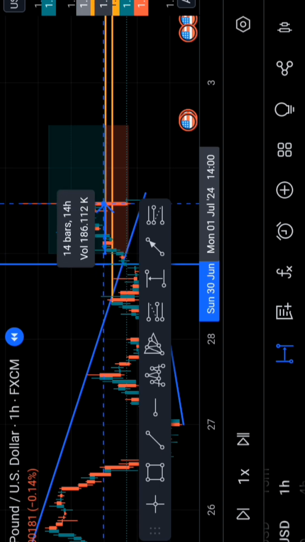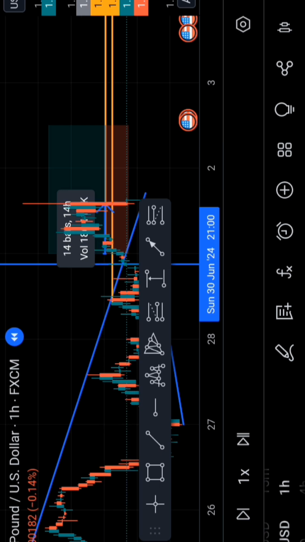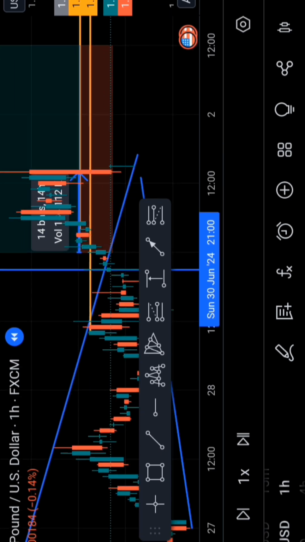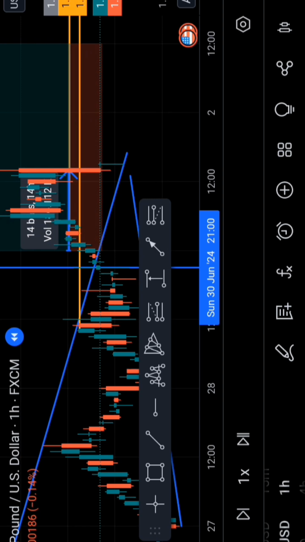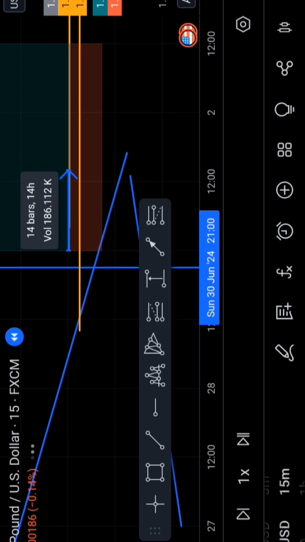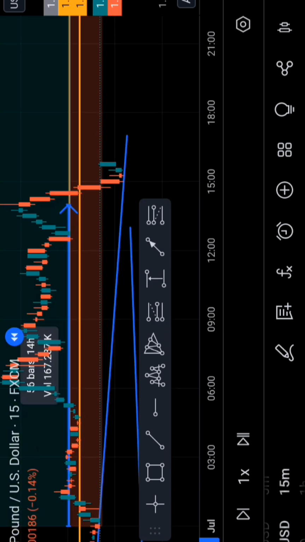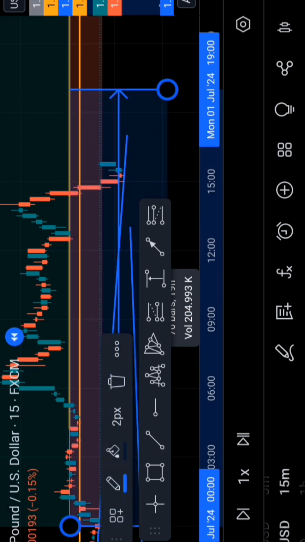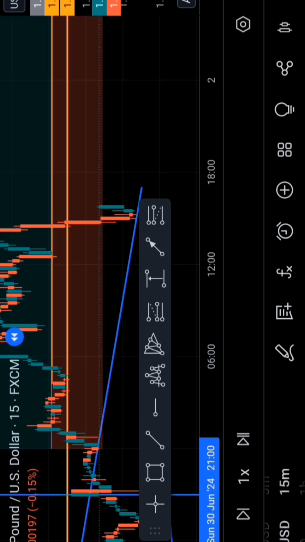So it took 14 hours to hit TP. I'm just going to note that down in the book. I'm going to show you the book after I finish backtesting. So our first trade was a win.